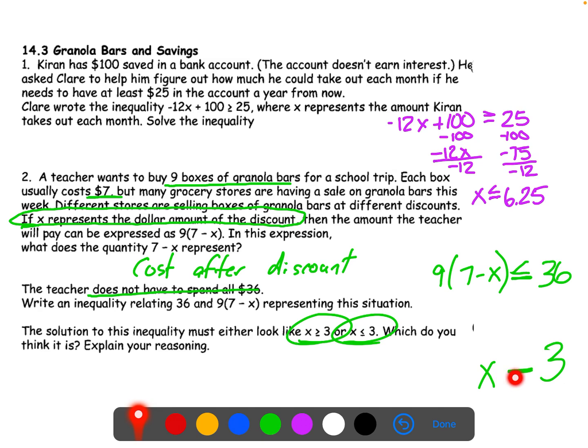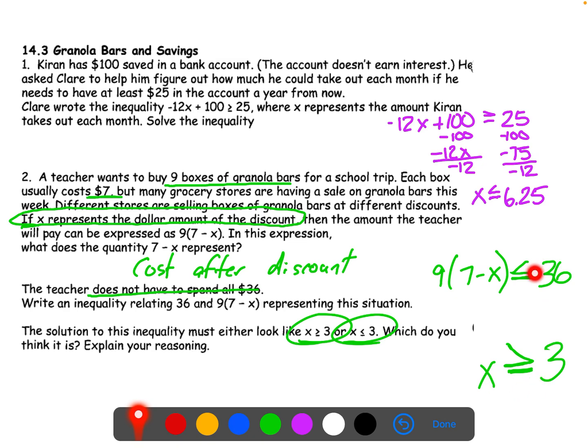If the discount is $3 off of each box, that works. It equals out and she spends 36 bucks. But if the discount is more than $3, that's great. She's saving money, spending less than 36, and that's what we would need here.